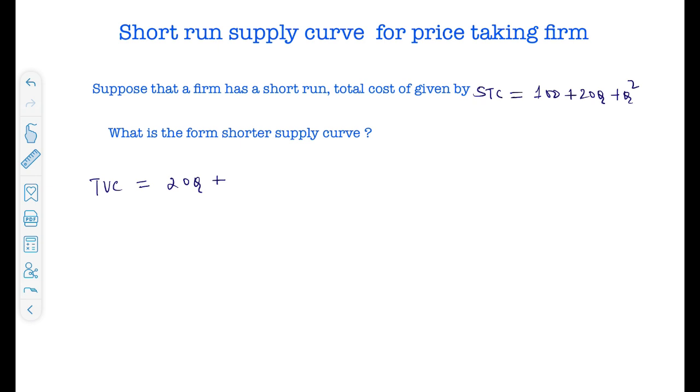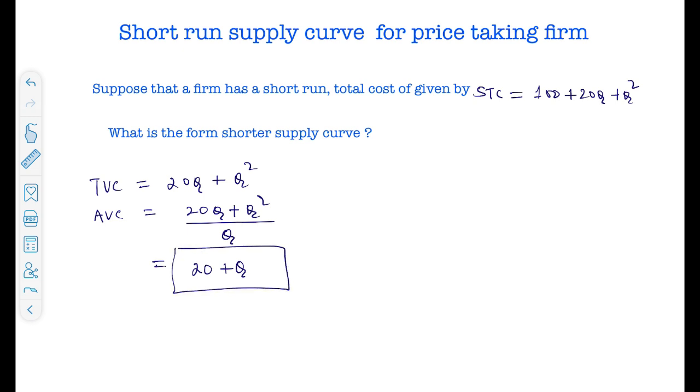Average variable cost is 20q plus q square upon q, and this would be 20 plus q. This is the average variable cost and this is a straight line.